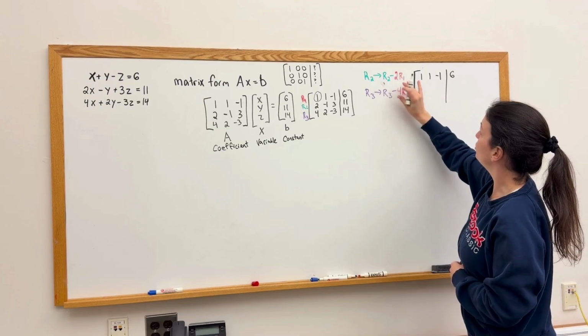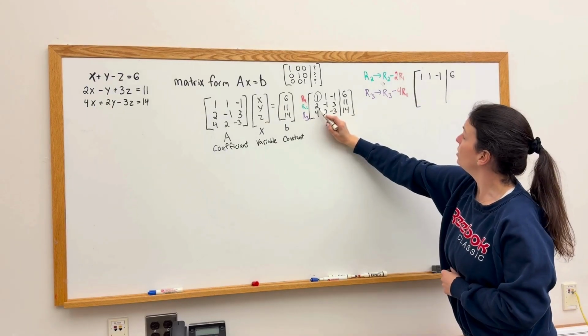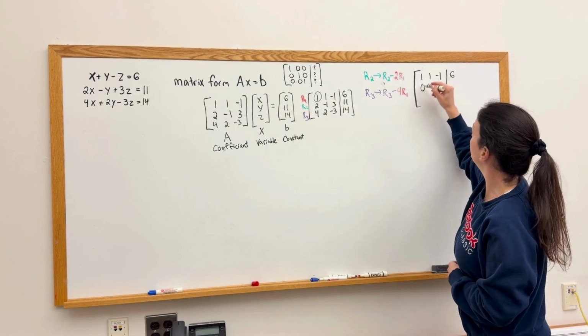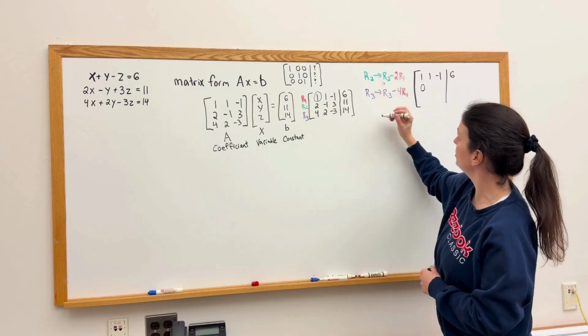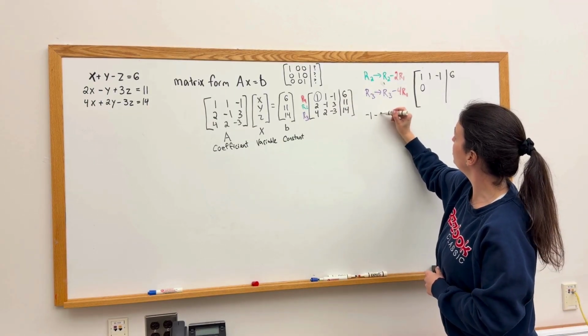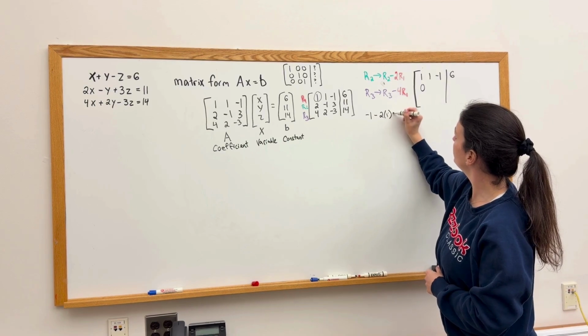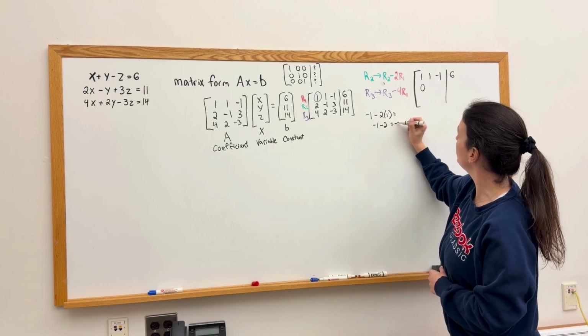Row 2 is row 2 minus 2 times row 1. So 2 minus 2 is 0. Negative 1 minus 2 times 1: negative 1 minus 2 is equal to negative 3.